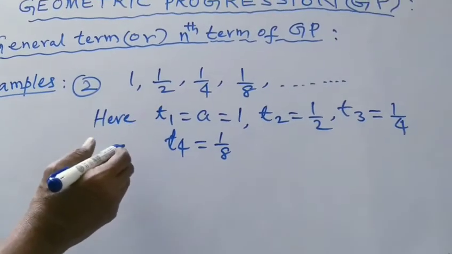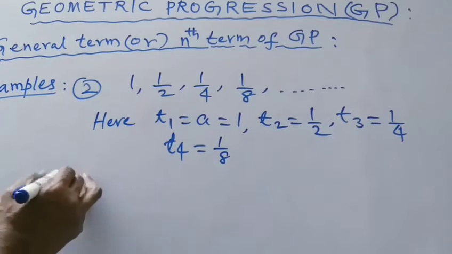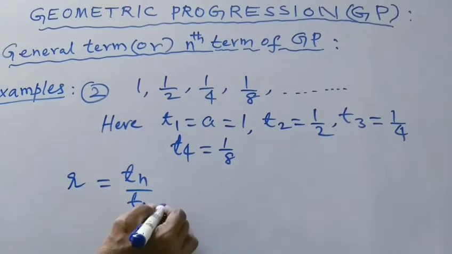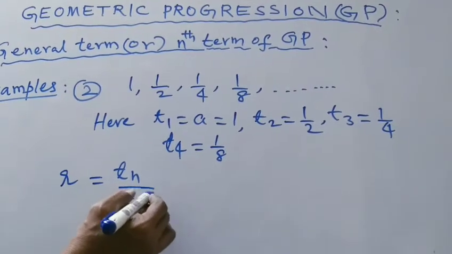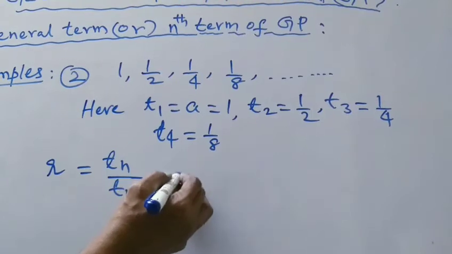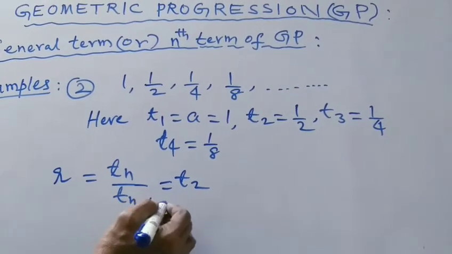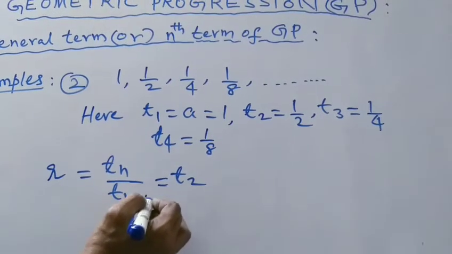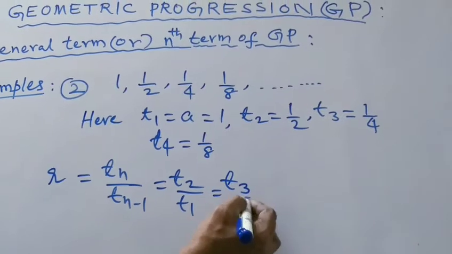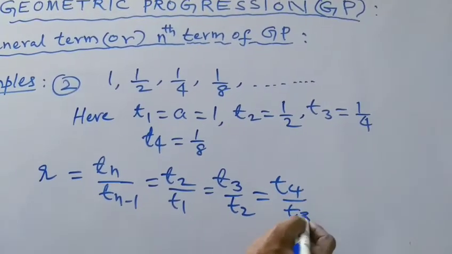For this sequence also, now we have to find the common ratio. The common ratio R is equal to Tn by Tn minus 1. Here, in place of n I am taking 2, it becomes T2, and in place of n minus 1, 2 minus 1 is 1, it becomes T1. Similarly, T3 by T2 and T4 by T3.